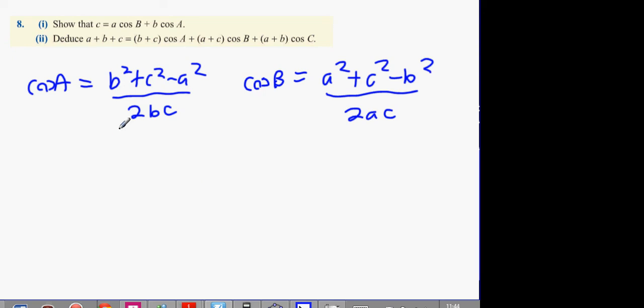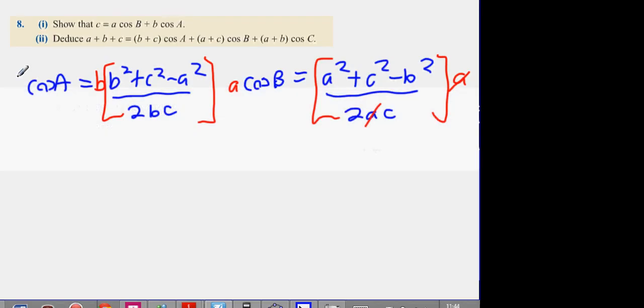Okay, so what we're going to do is multiply cos B by A. So guys, if I multiply this by A, it means I multiply the outside by A, but the A's cancel. Then if I multiply the other one by B, I multiply the outside by B. Okay, that means that the B's will cancel.